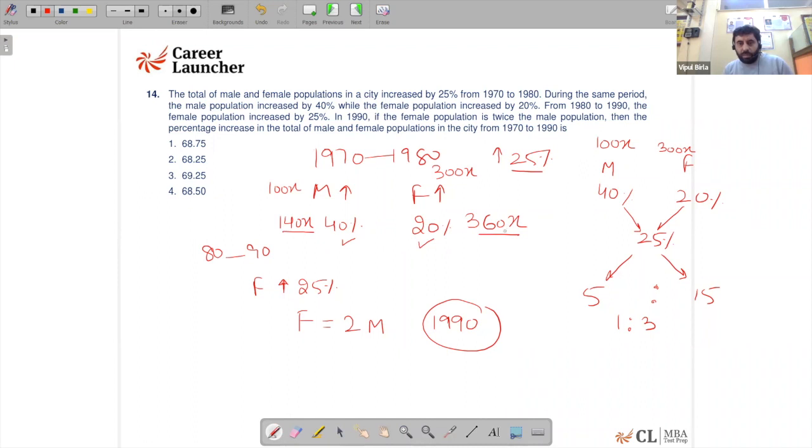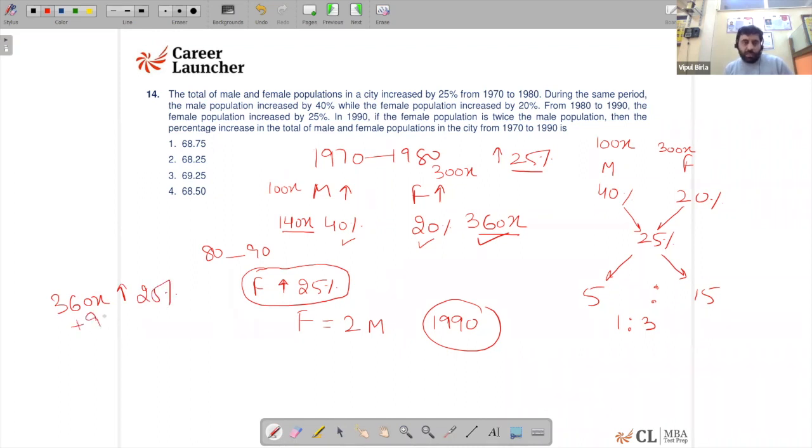Now, they've given that from 80 to 90, the female population increases by 25%. So in 80, we have just calculated the female population to be 360x. Now this increases by 25%, which is 1/4 of this, which is 90x.